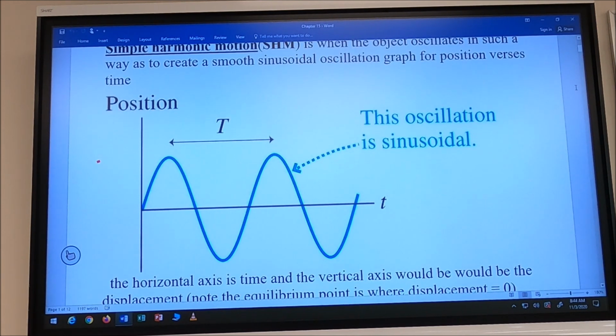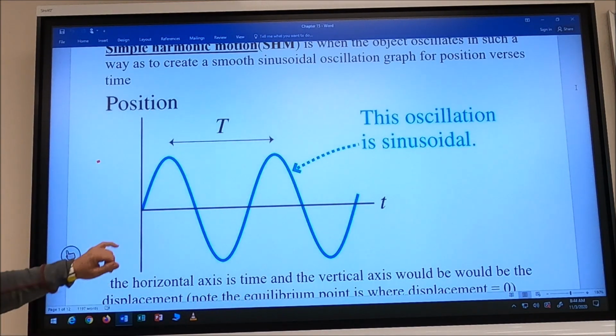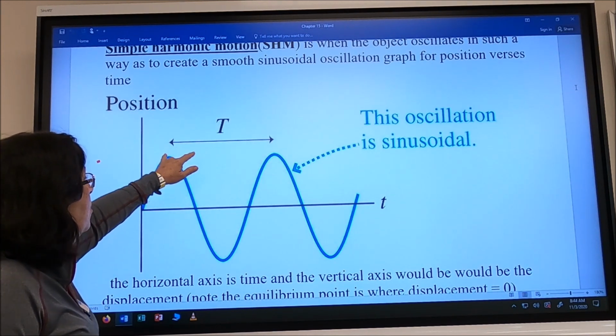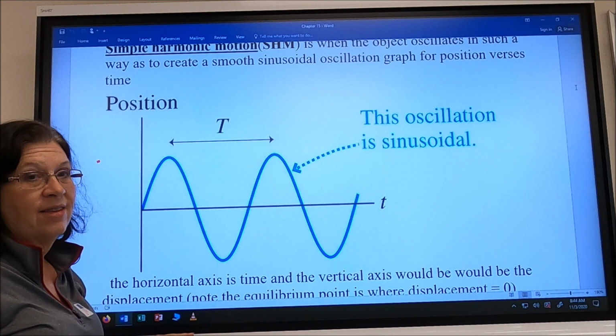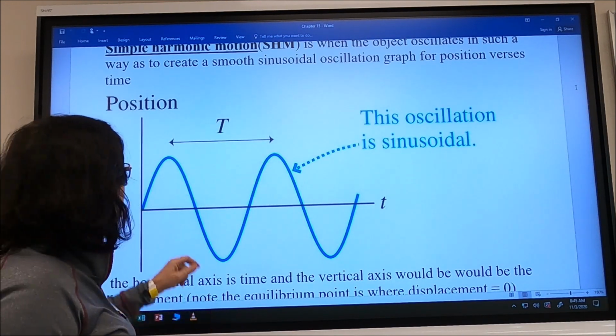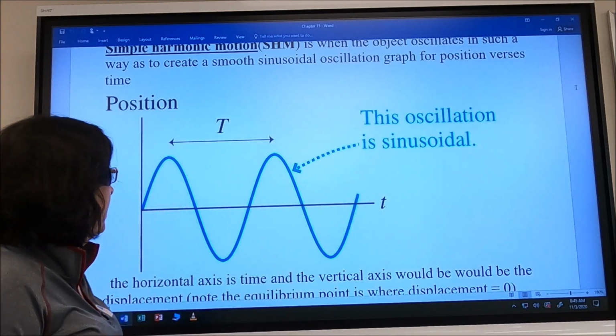So you can see here that our position versus time graph is a sine curve, okay? And this is time. Position is on the vertical axis. From peak to peak, that's the period, the time it takes for the pattern to repeat. So if you think we go here, here, and here, the pattern starts to repeat again, okay?